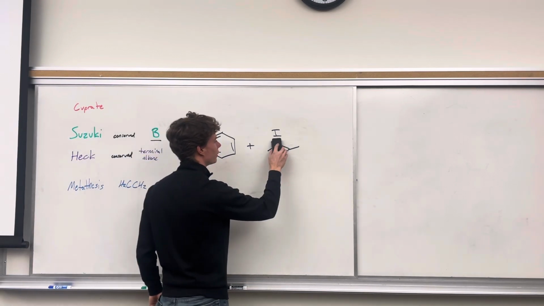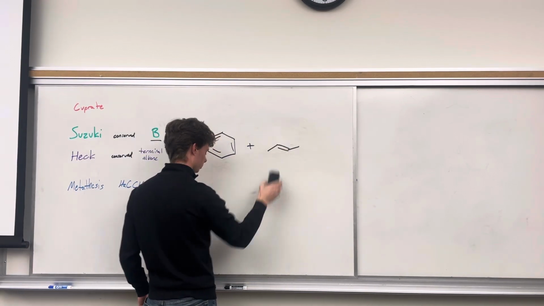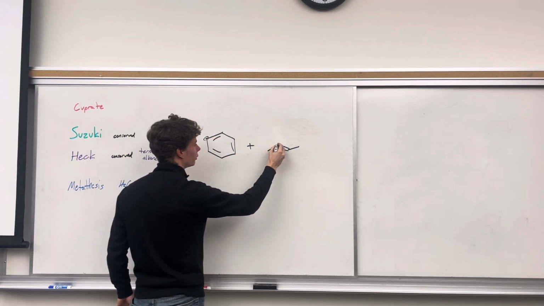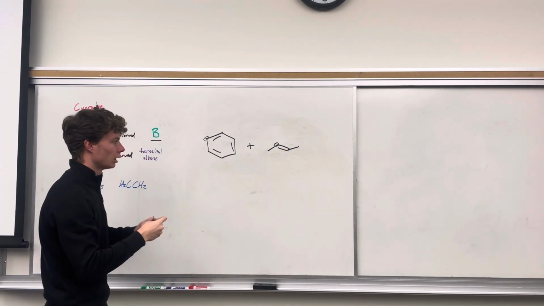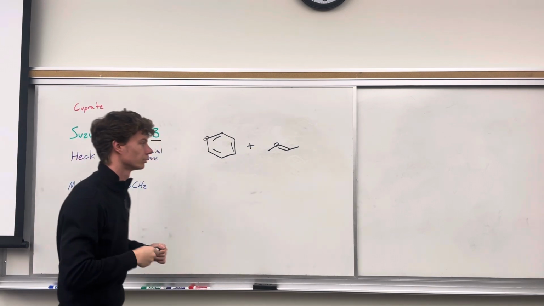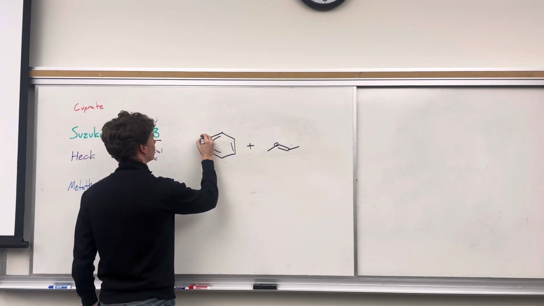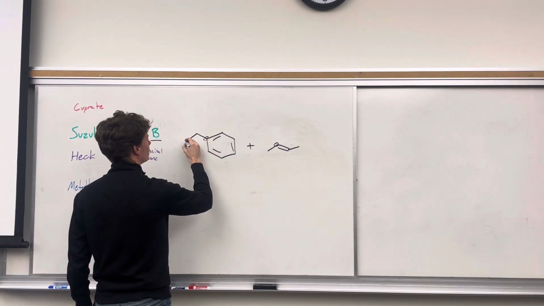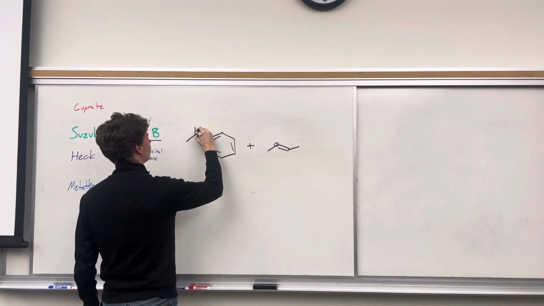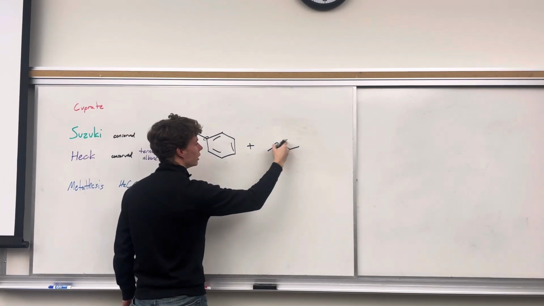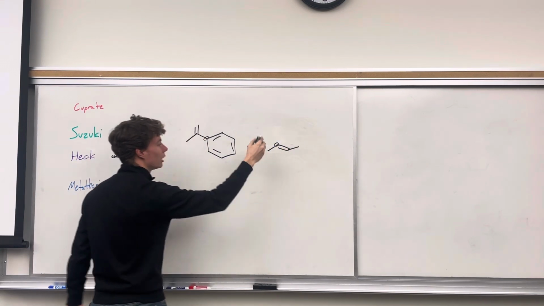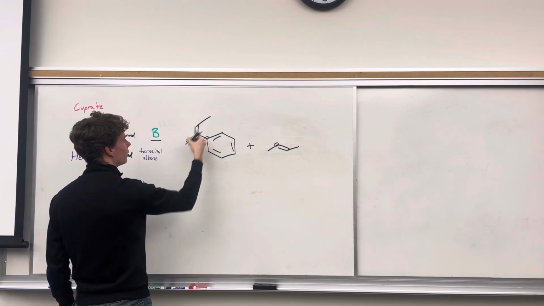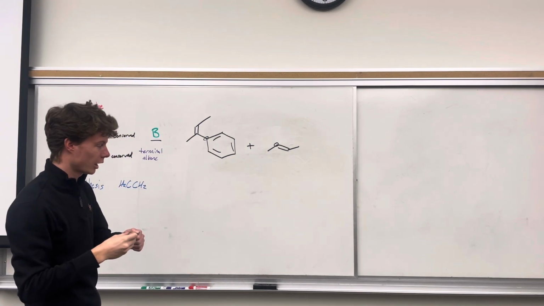I get rid of my leaving group. Where boron was is my leaving group. I bond them together. So here's this carbon, and on that carbon I have a methyl group, double bond, and I have E conformation, opposite sides. That is conserved, okay?